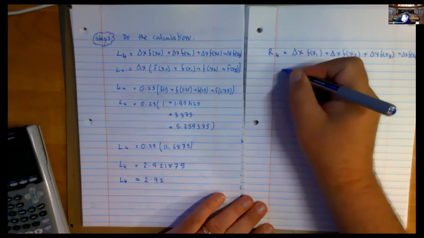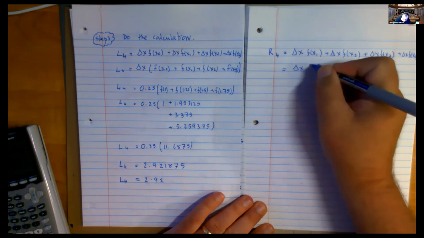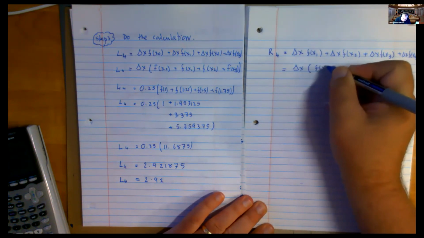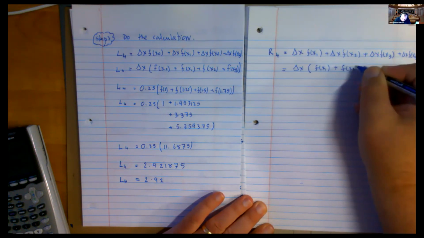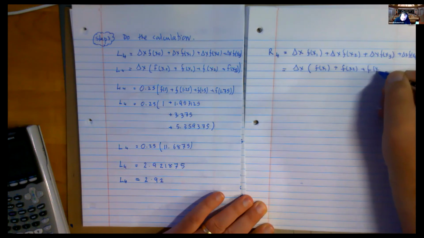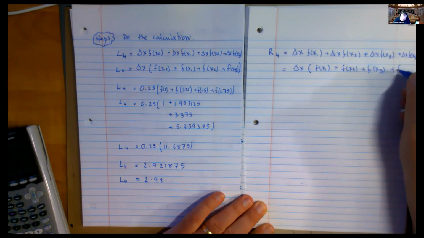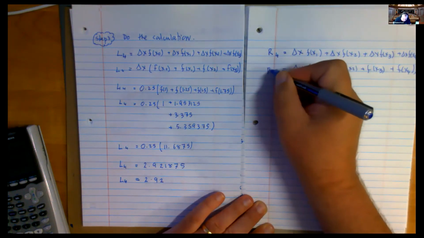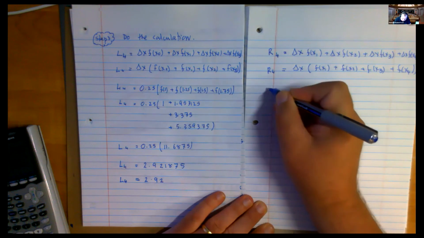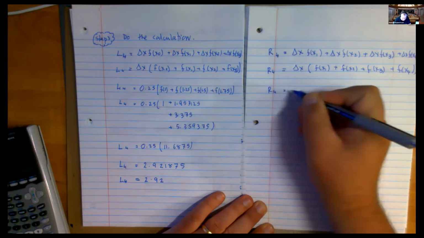Now if you pull out delta X, you get this. Then that becomes this fella.